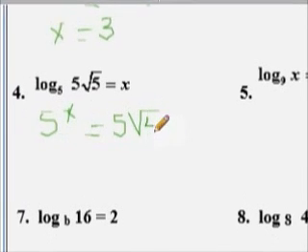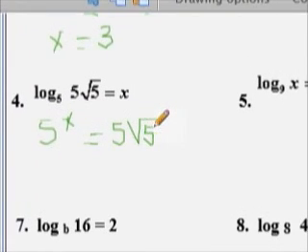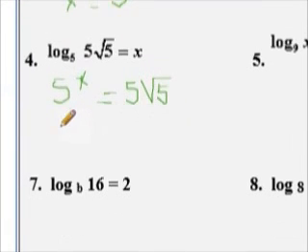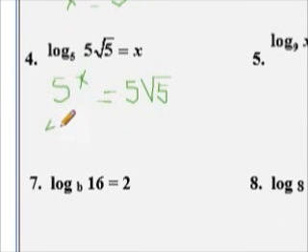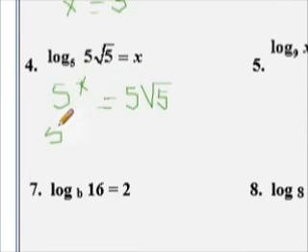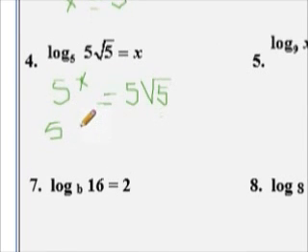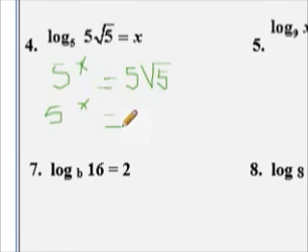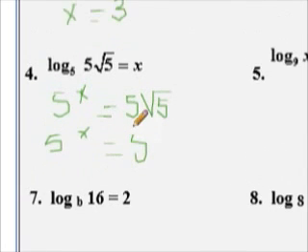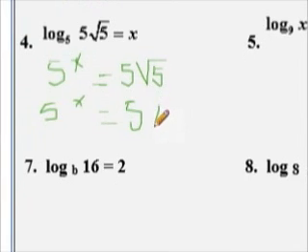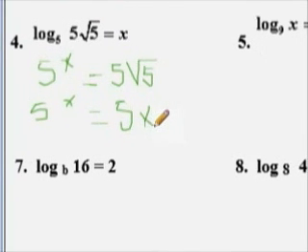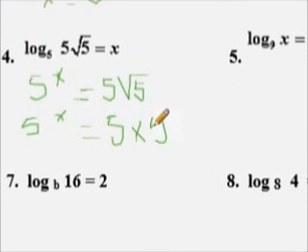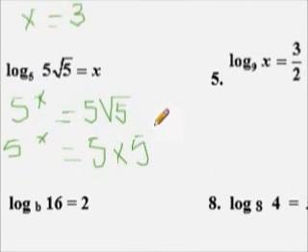Okay, let's work this out. I can write this as 5 to the power of x equals 5 times the square root of 5. The square root of 5, read as an exponent, is 5 to the power of 1/2.